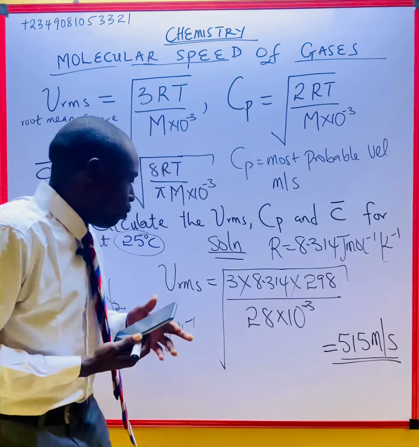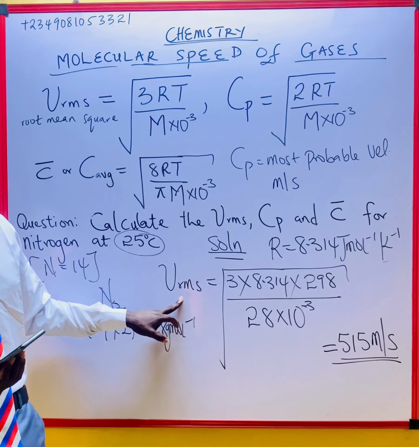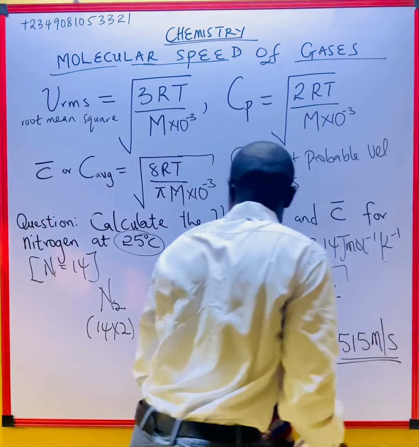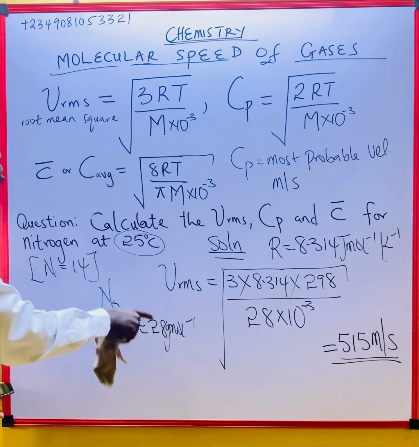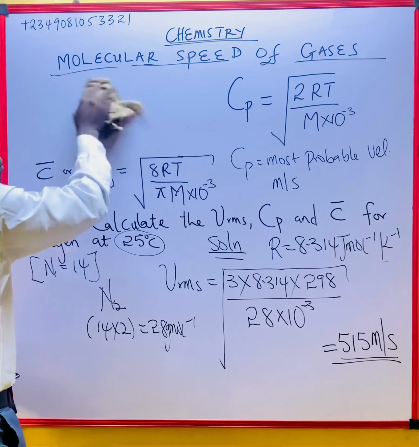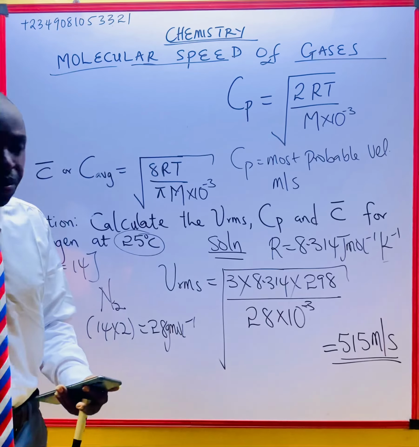This is for the root mean square velocity. Let me rub this part, but meanwhile, take note of it, so I can solve for the probable velocity.